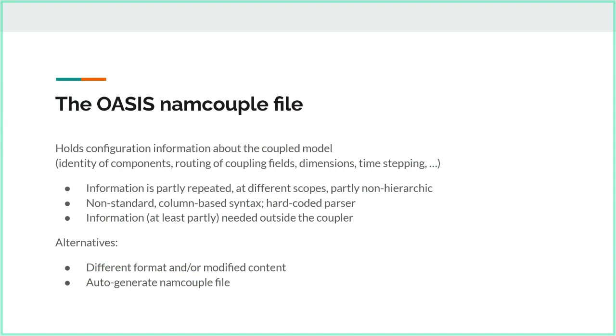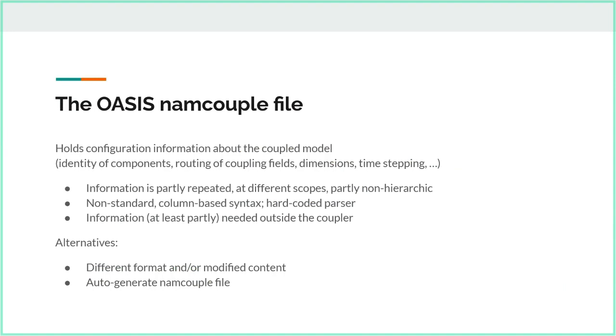And then talking about the format, it's non-standard, it's a column-based syntax, and probably most important of all, there's one parser. That's the one that's built into OASIS, which means you can't use the parser easily, right? OASIS parses the file, but if you want to parse it, you have to write your own parser.